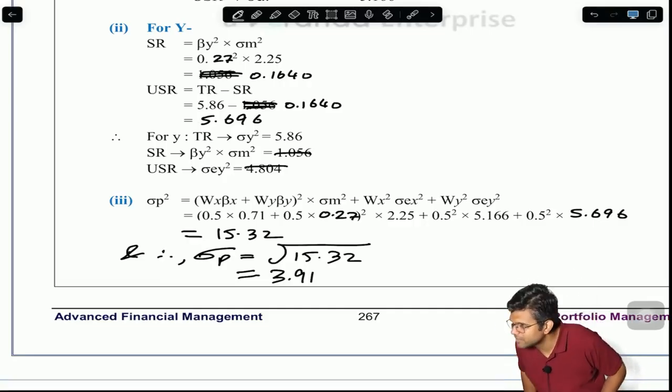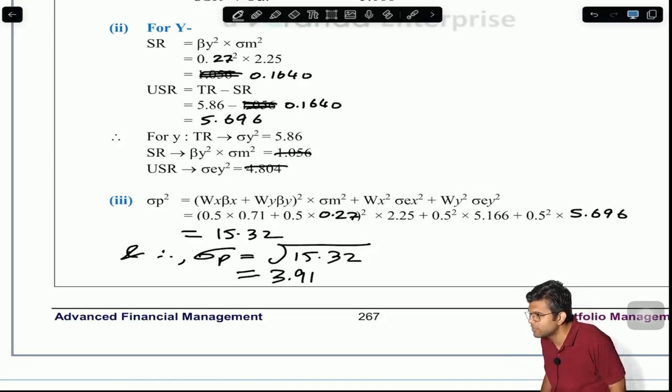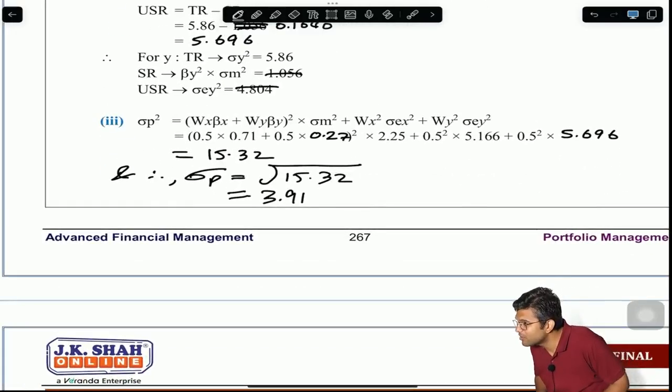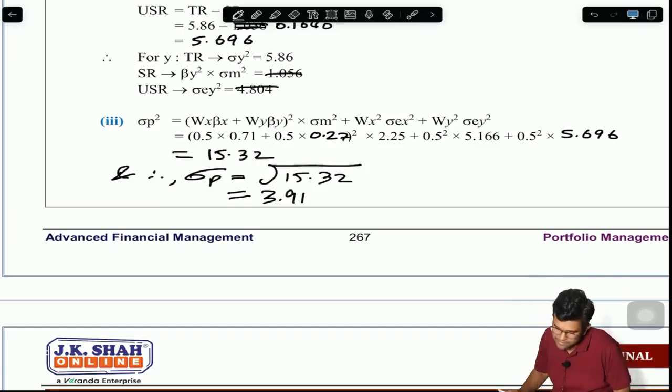Okay, so now there are two people who have got 3.26. Boys are getting 3.26, girls are getting 3.91. Hopefully nobody gets an average between these two. I don't know what I'll call you then. Anyone else? Hey, one more girl got 3.26. Oh God. Mahalakshmi and Tanisha, your party people have switched over to the other party. Raghunandan got 3.26. Very good. So I think 3.26 is the answer.